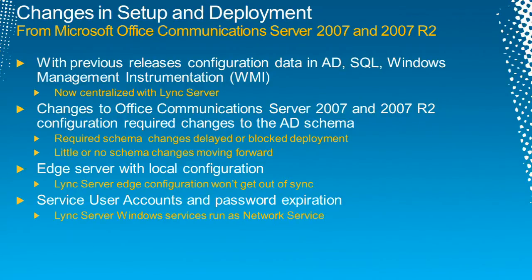One of the main issues that we've seen deploying our product in previous releases was that it needed a schema change. Some customers could not do a schema change that quickly. They could do it once a year or something like that, and that was a major blocker.